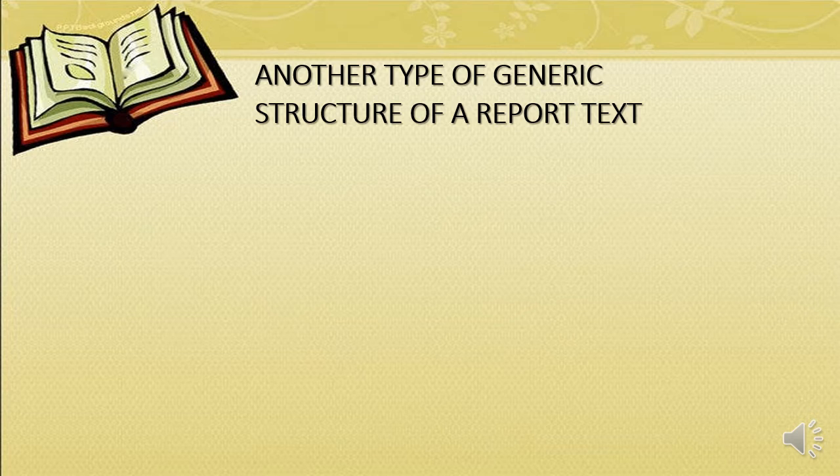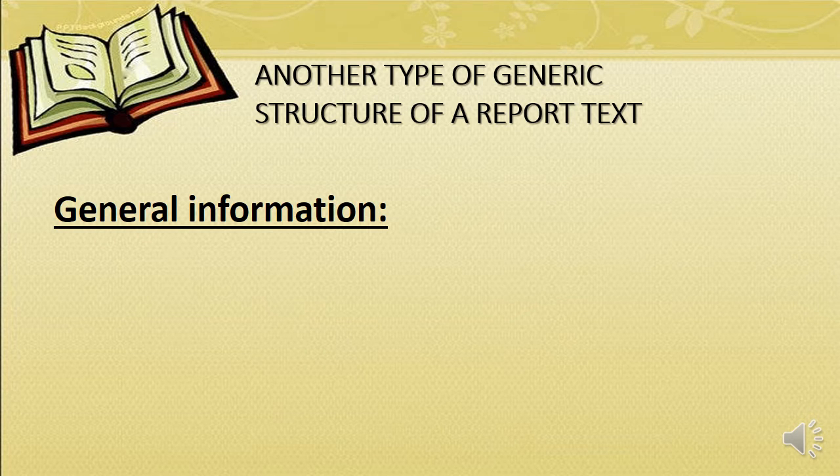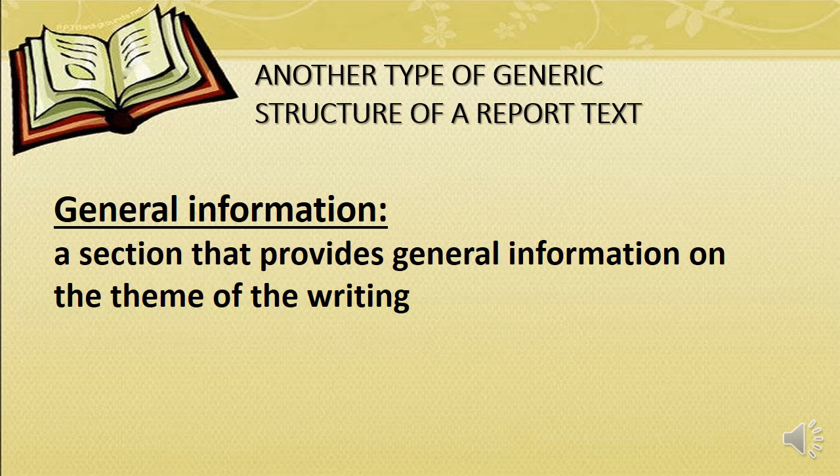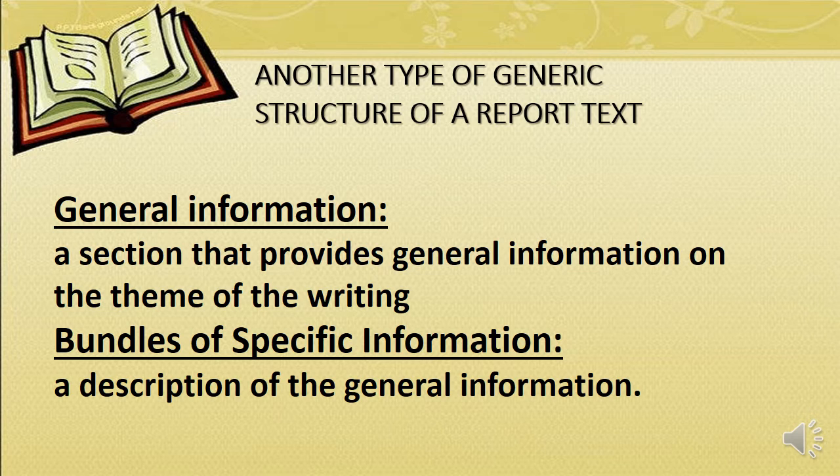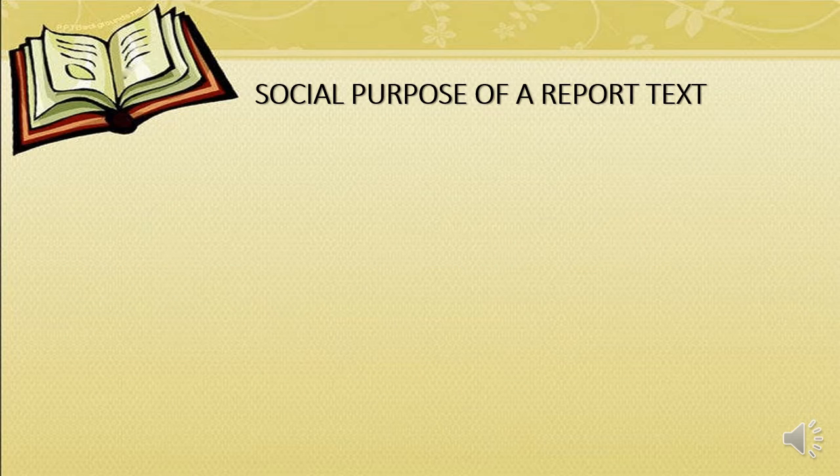Another type of generic structure of report text. General information. A section that provides general information on the theme of the writing. Bundles of specific information. A description of the general information. What is the social purpose of a report text? Does anybody know what it is?